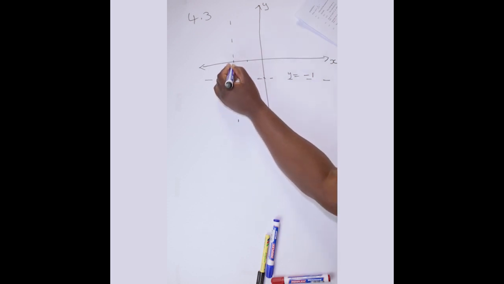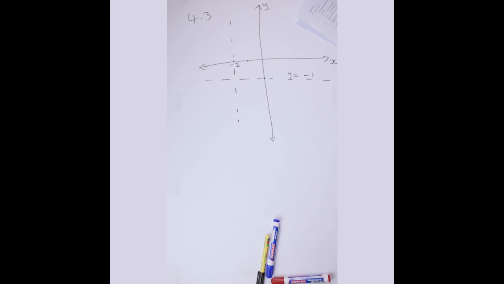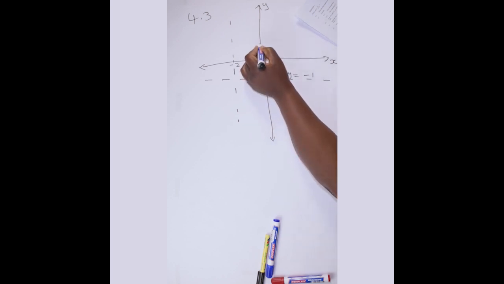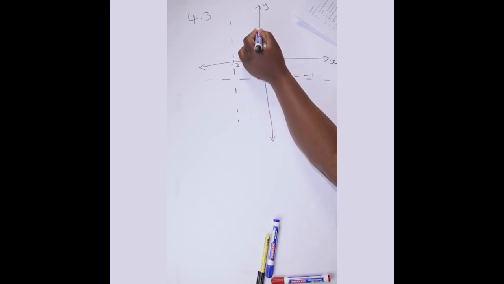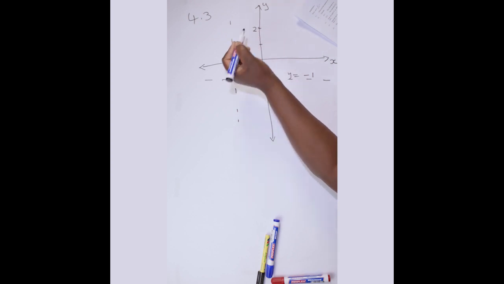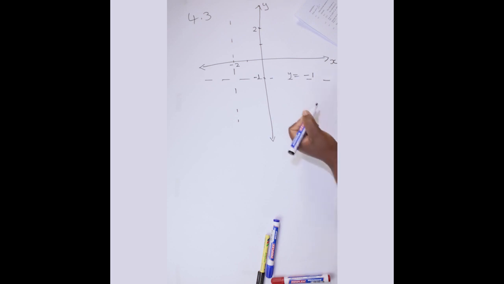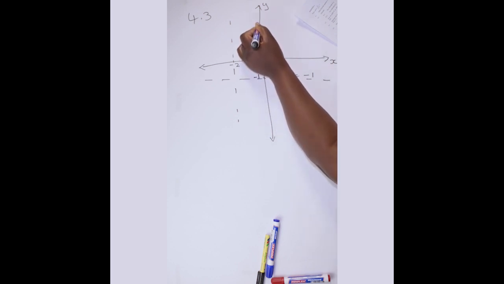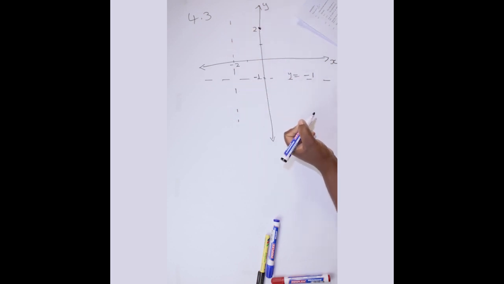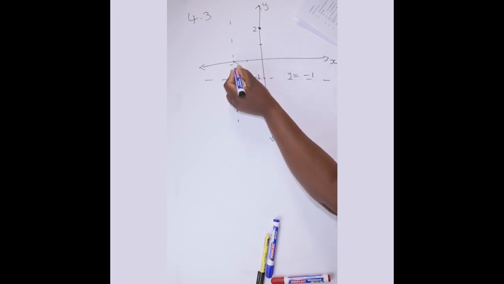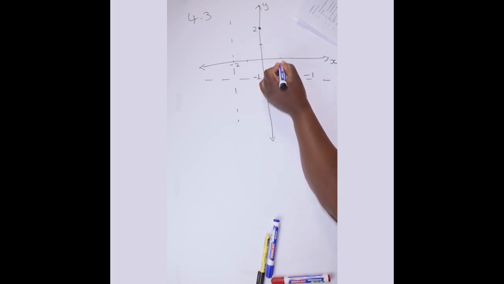Remember, we had our x-intercept and our y-intercept, and we said we are writing them in coordinate format so that we can remember. Now, this is the point where we have 2 and this is the point where we have -1. For 2, that's where our y-intercept is. The coordinate is (0; 2). And the x-intercept is where there is 4.